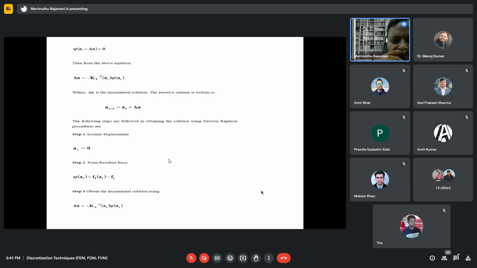I would suggest you refer to a paper by one of the professors, Singh, from IIT Roorkee. He has used the phase field method. He has considered how those things vary, with some crack and also without it.